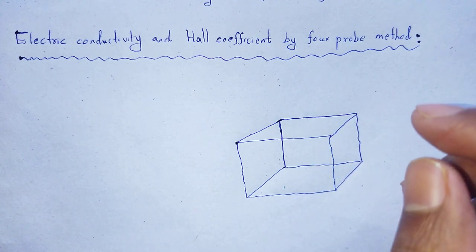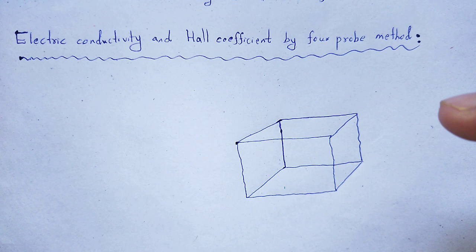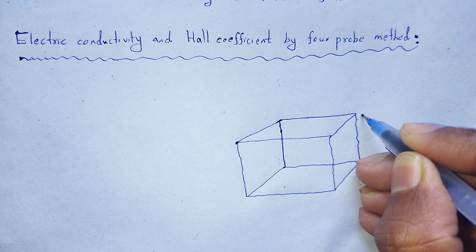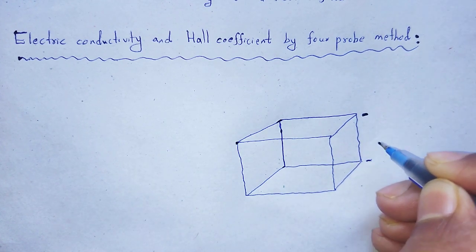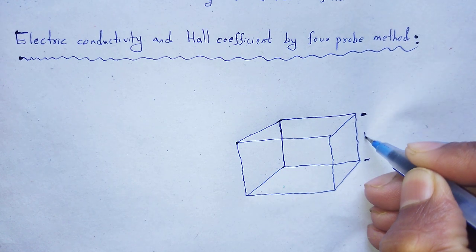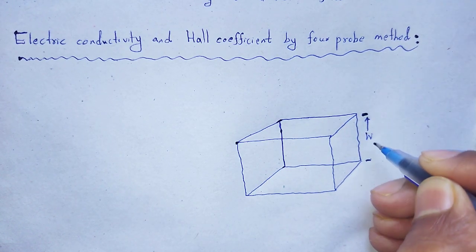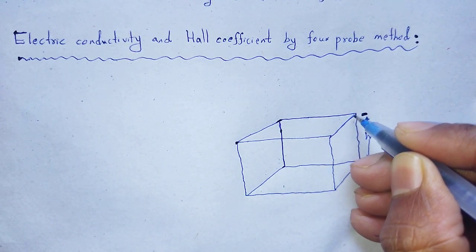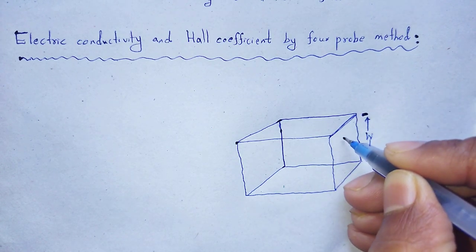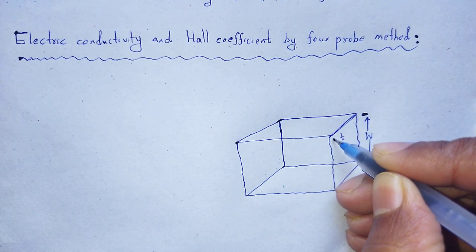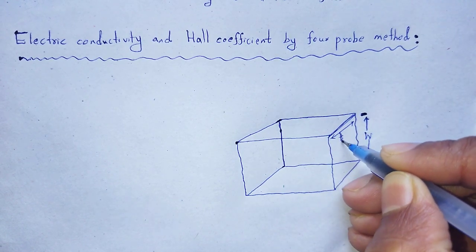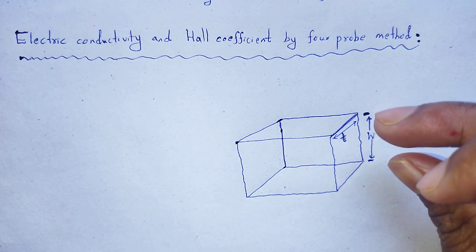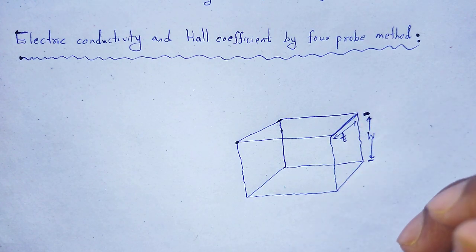It has the length from that point to this point, and the width as W, and breadth, or we can say the thickness, as T. T is the thickness from this to that, length into thickness.